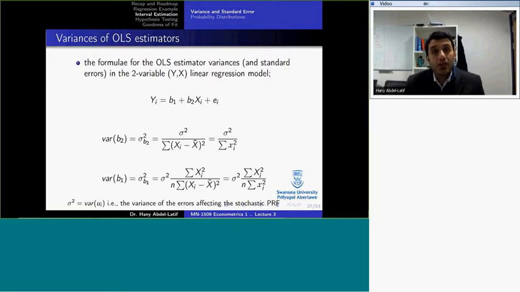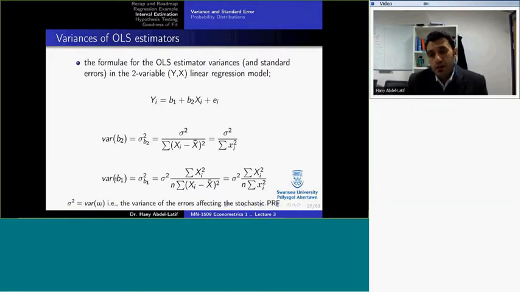I don't expect you to memorize the formulas, but I expect you to learn how to use them to calculate the variance of B2 and B1. So let's look at the first formula, the variance of B2, which let's call sigma B2 squared, and this equals sigma squared divided by the sum of xi minus x bar squared, and we can denote this by just this italic x.